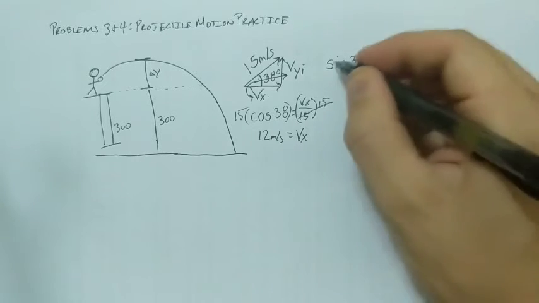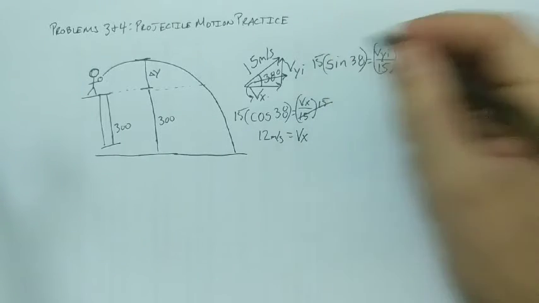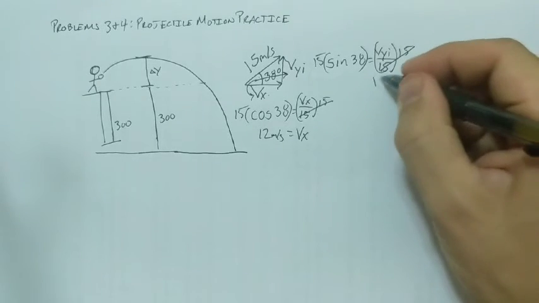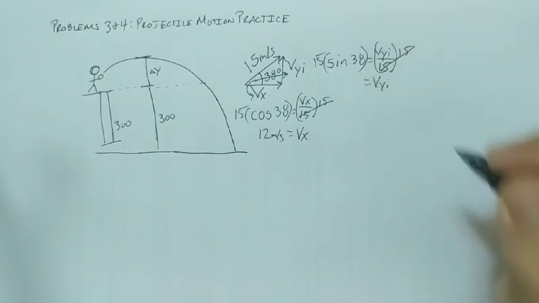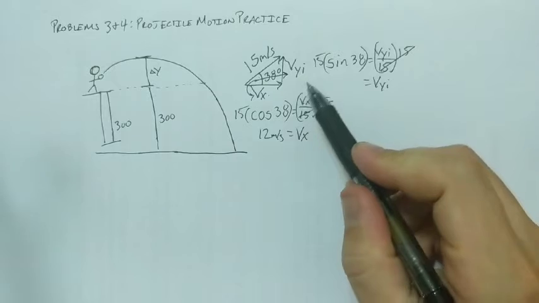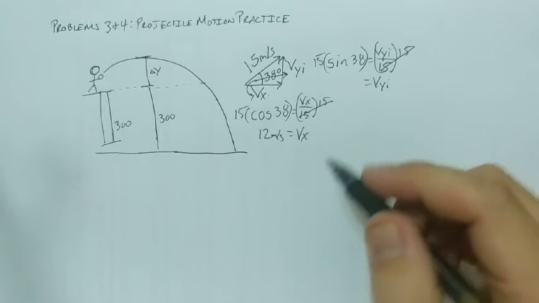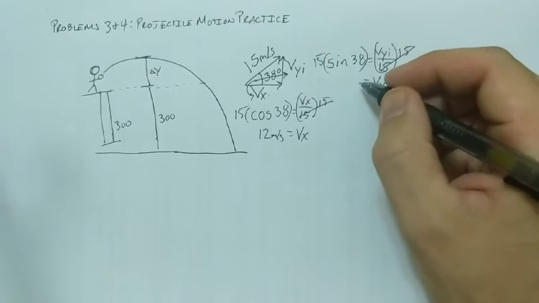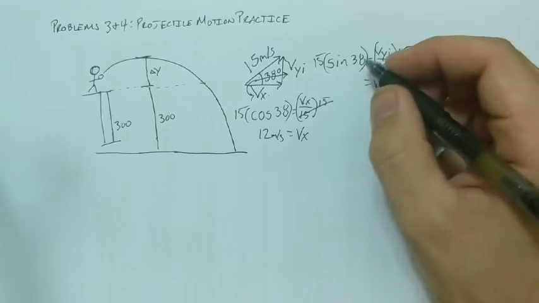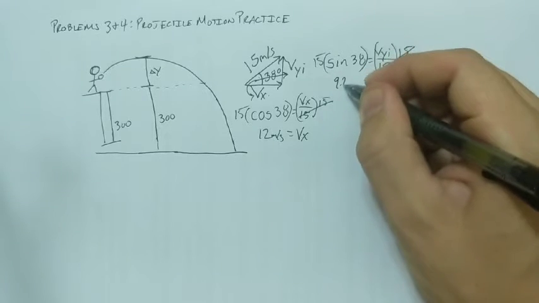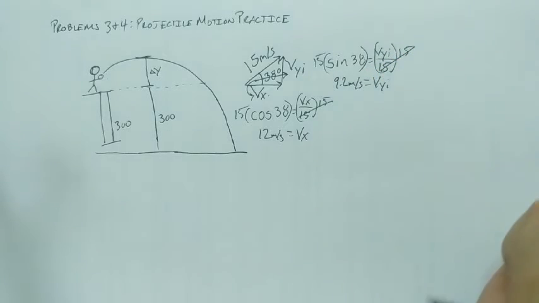And just like the other one, I will want to multiply by my denominator, 15, to solve for Vyi. I can put in 15 times sine of 38 into my calculator, and I get this solution to be 9.2 meters per second. So 9.2 meters per second is my initial vertical velocity.